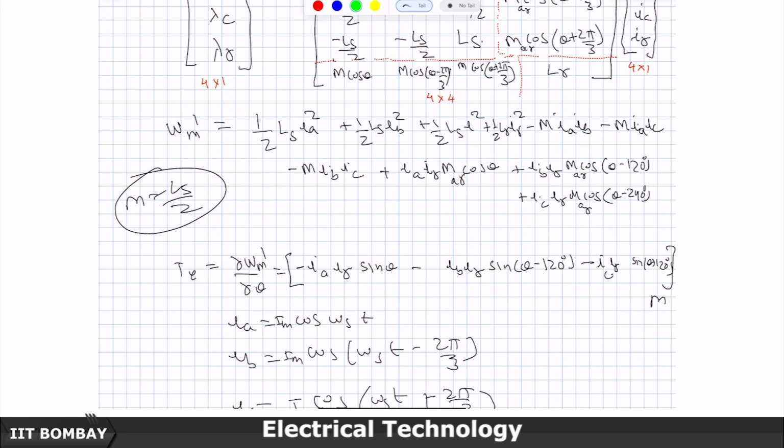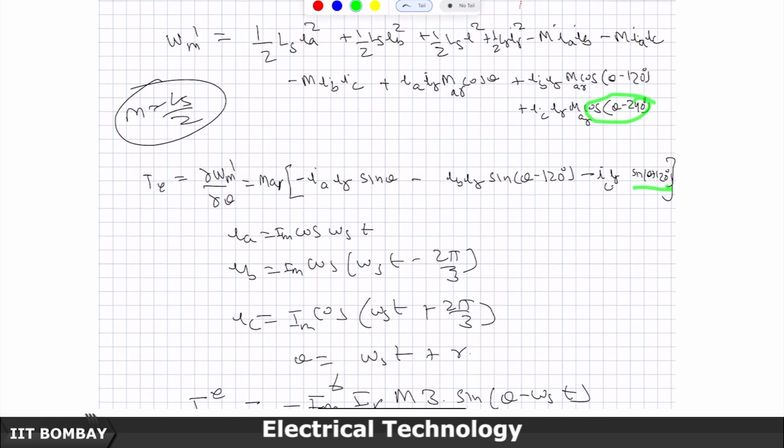MAR, the mutual inductance term in these three terms, is taken out as a constant. Let me rearrange this a bit. Then IA IR times the partial derivative of cos theta is minus sin theta, then minus sin of theta minus 2 pi by 3 will come out of this particular term, and minus sin of theta plus 120 degrees will come out of this particular term.